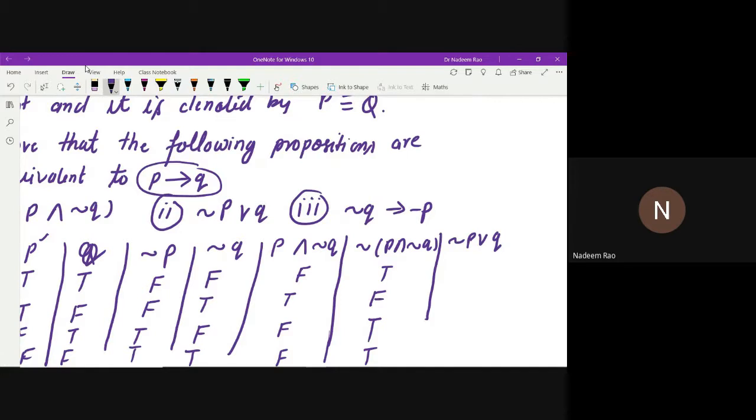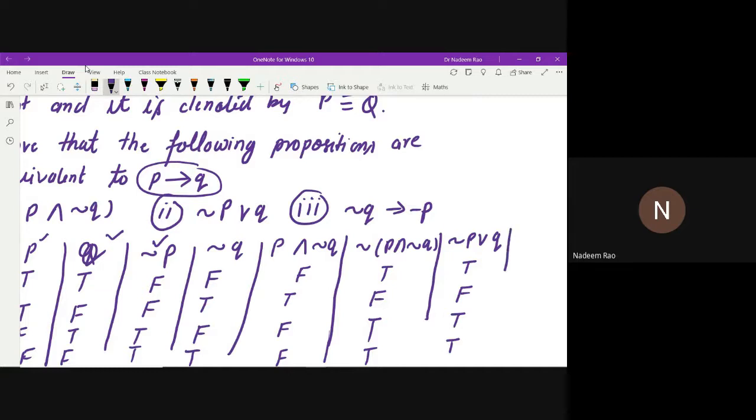In the case of disjunction, if one of them is true, then it is true. So it is true, false, true, and true.